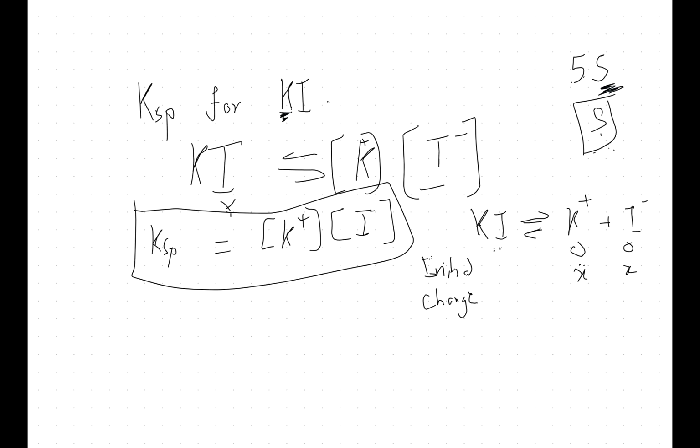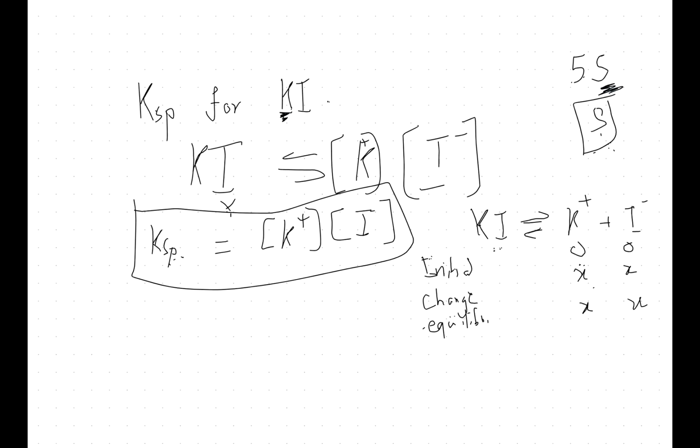Initial, change, and then equilibrium, E, which means equilibrium. At equilibrium, it's still X. There is nothing happened. How to write the Ksp? It is still the same.